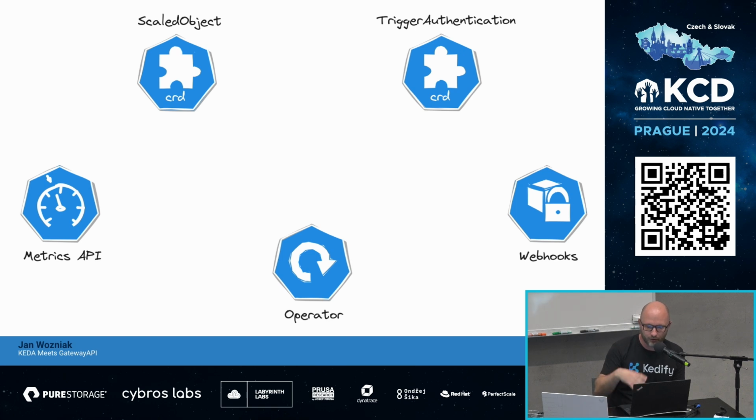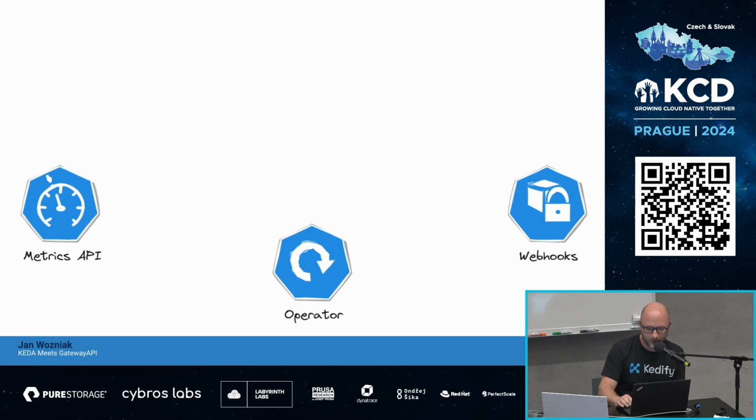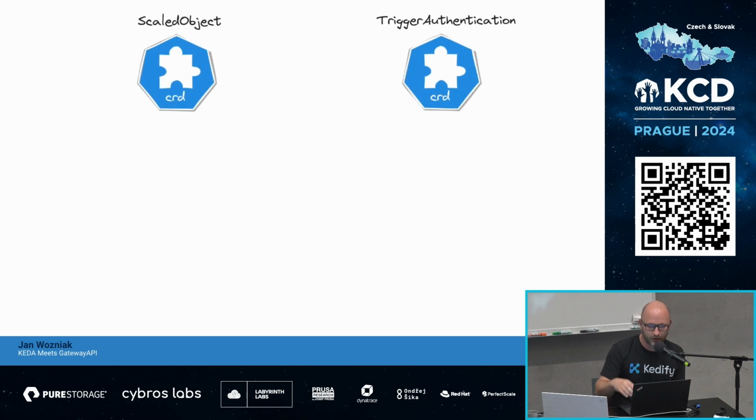A quick overview of the KEDA internals. It splits in two parts. One is the operators and pods running that are part of the control plane, and configuration, how you configure your certain applications, so scaled object, trigger authentication. Now, technically, there's more than that.